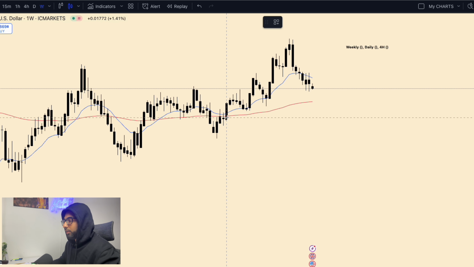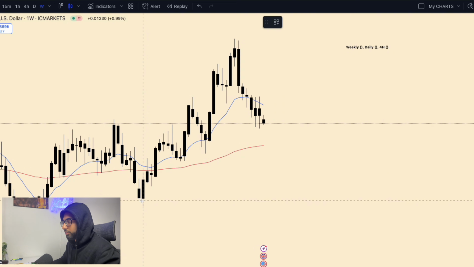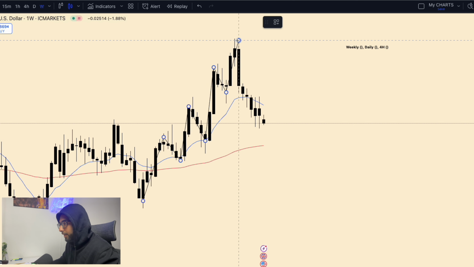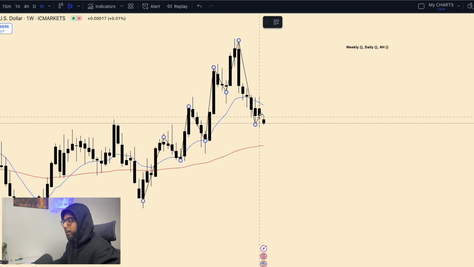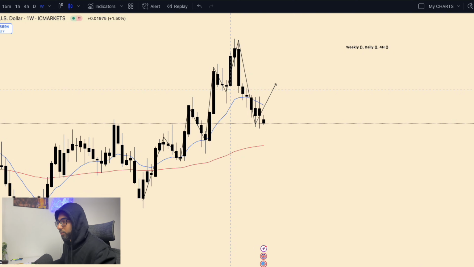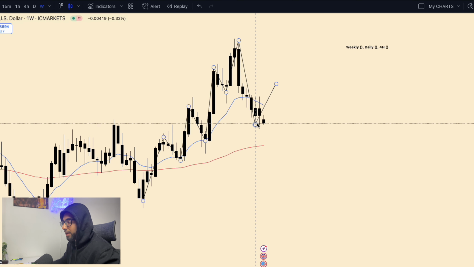What we can see is, if I just scale in, we can actually see that if we start this trend, we've got highs, lows, highs, lows, highs, lows, highs, lows, highs, and then price kind of broke this low, and now we're coming down to creating a lower low. Okay, so potentially we could see price coming back to this area for a retest, potentially. Okay, or price could respect these lows and continue to go to the upside.